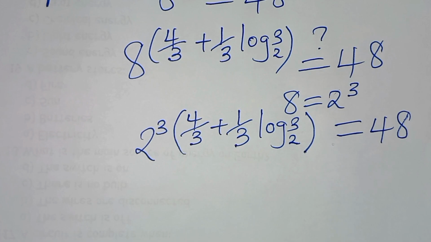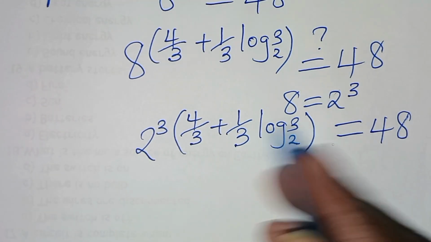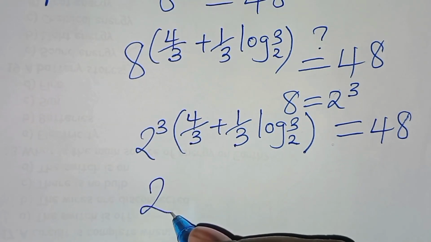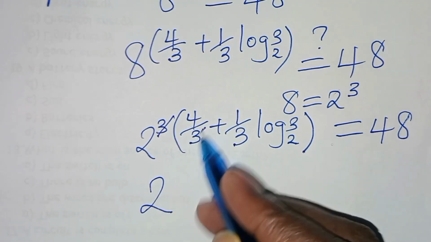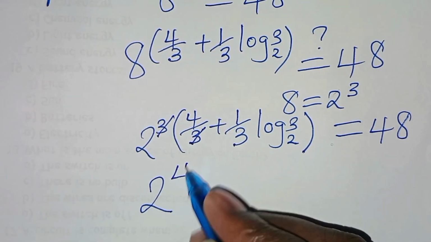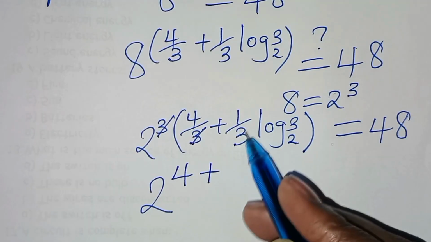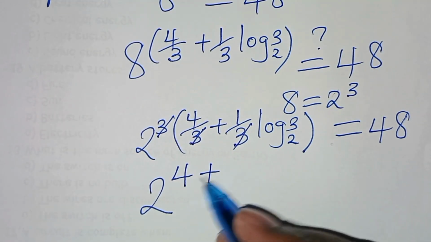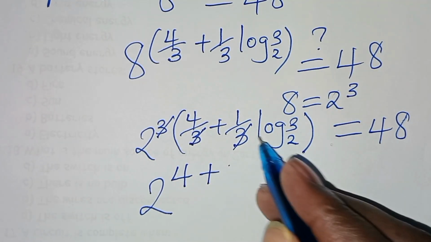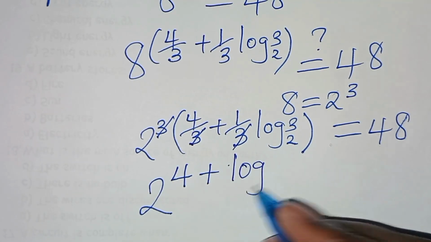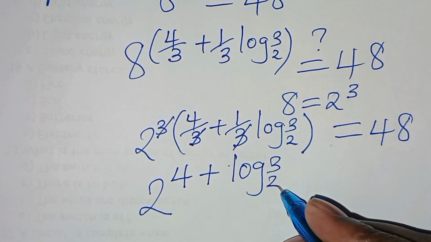The next step, let's simplify here. Let's open the bracket so that we'll have 2 to the power: this 3 and 3 simplifies so that we'll have 4, plus this 3 and 3 simplifies so that we'll have 1 times log, which is the same thing as log 3 to base 2.